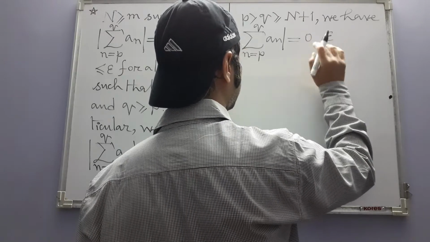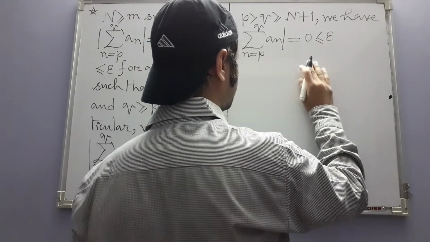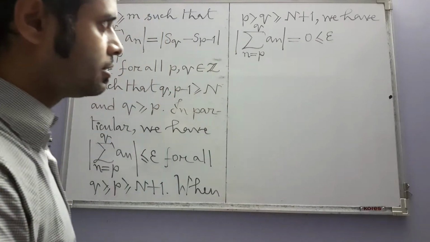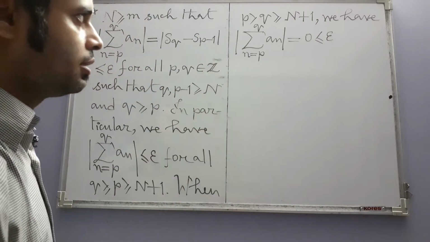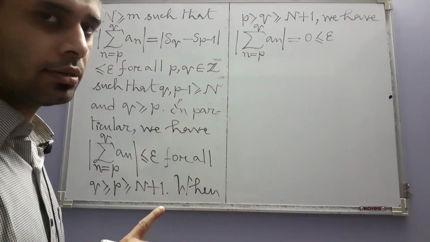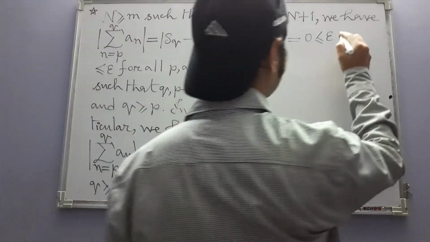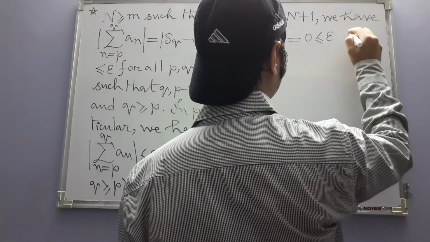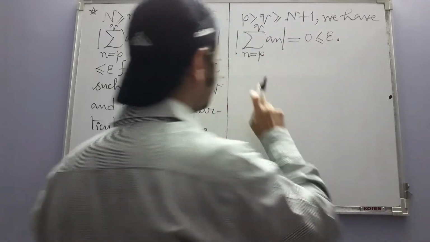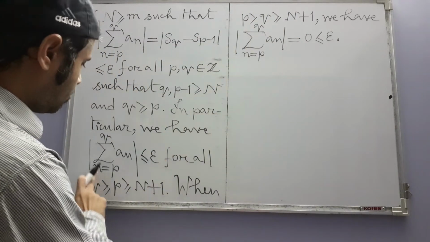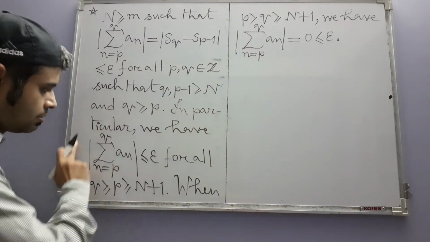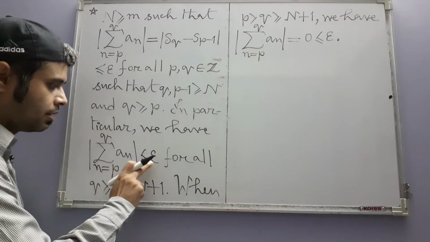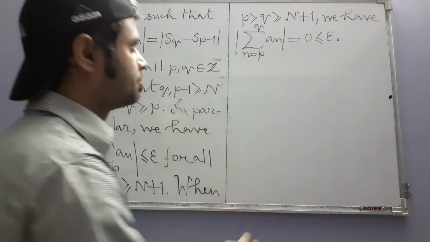Actually strictly less than epsilon, but if strict inequality is given, that implies ordinary inequality, but not the other way around. So in this case also we are getting what we want, namely this absolute value being less than or equal to epsilon.